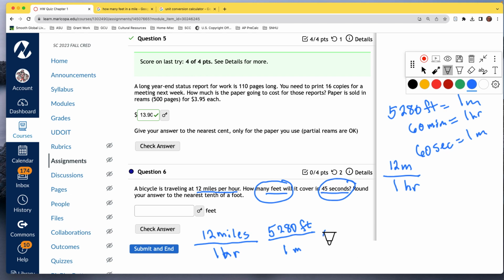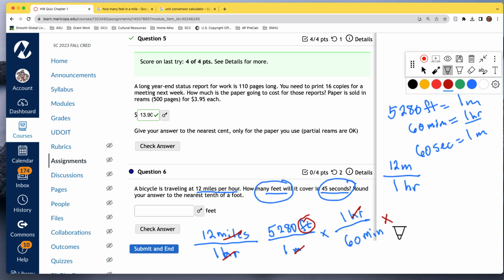So one way to approach this is: hours are in the bottom, so I want to get rid of hours, so I would use 1 hour divided by 60 minutes, right? That cancels out the miles, and we'll be left with feet. We cancel out the hours. We would be left with dividing by minutes, but we don't want minutes, we want seconds, right?